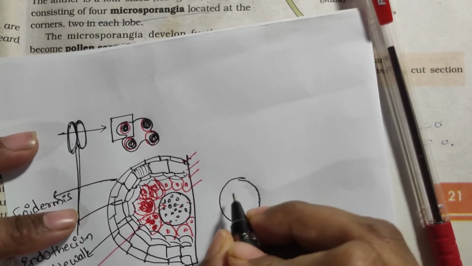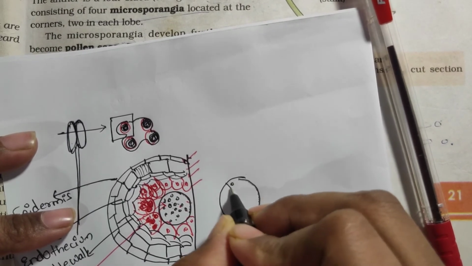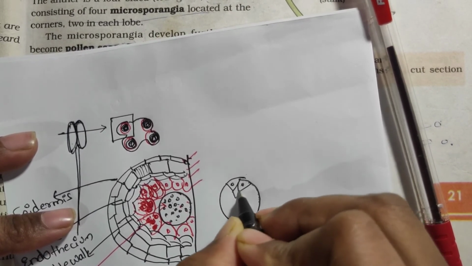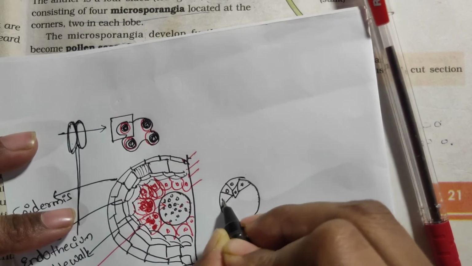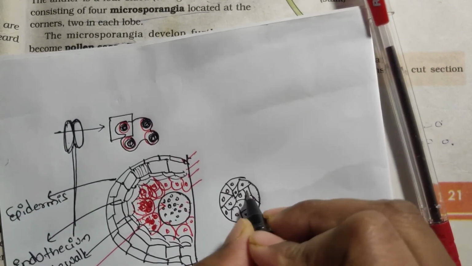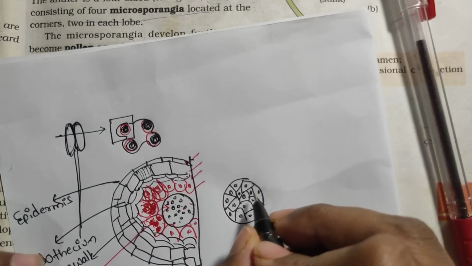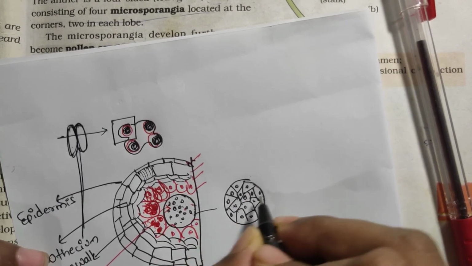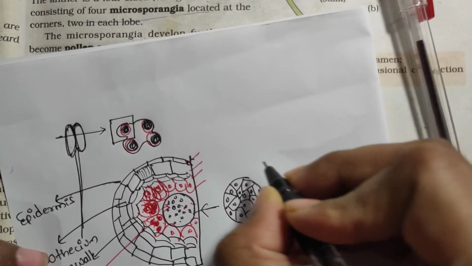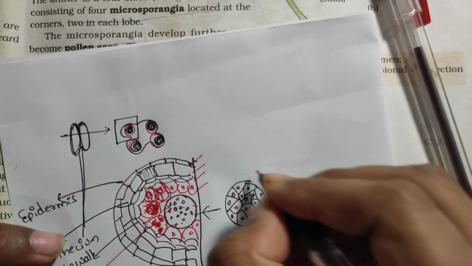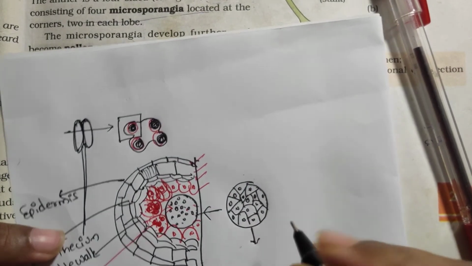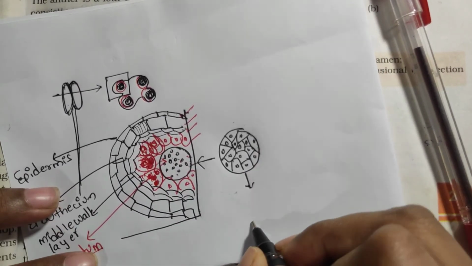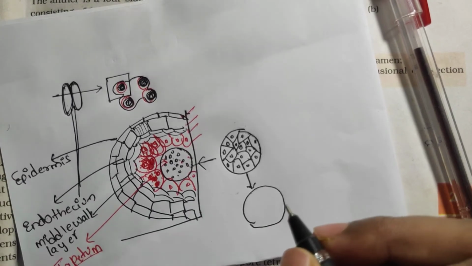When it is young, all these microsporangia are compactly arranged in this fashion. When they are going to mature, what happens? They become pollen grains. Later, these compactly arranged cells are going to take the globular shape.